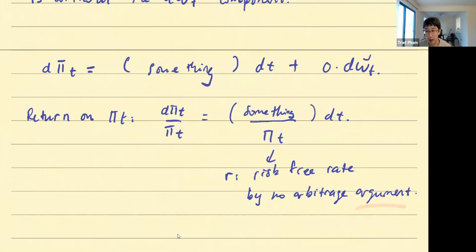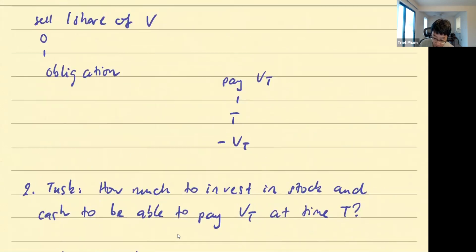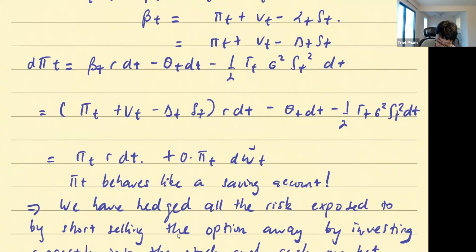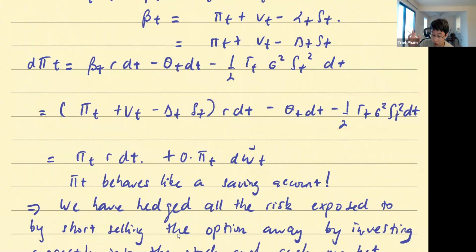Now, why is that the case? Actually, the math is exactly the same as what we've done before, except that we stop somewhere here where we do not know that these guys cancel out. We just lump them together and call that something.